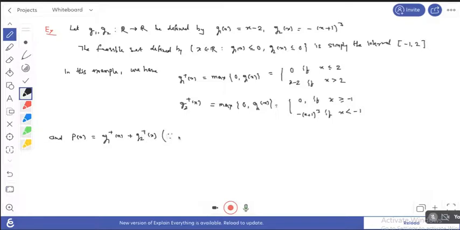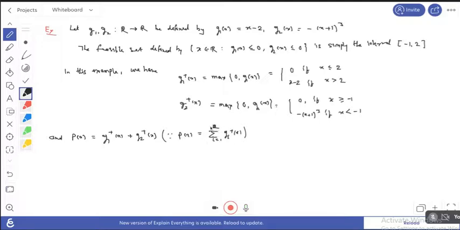Because you know that your penalty function is defined by the summation over i equals 1 to n, here 2, of gi plus of x. That's why you're using that formula. Okay, so here n is 2.